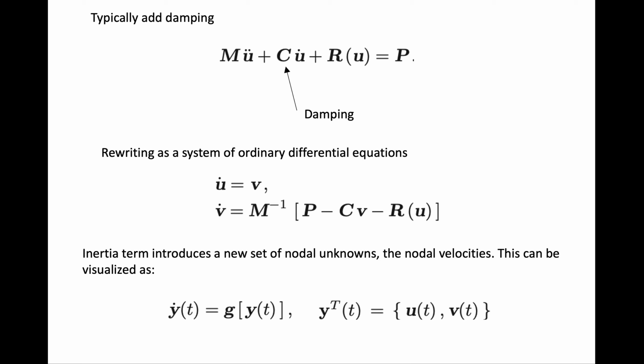And the u double dot here is a vector of all the nodal accelerations. And this damping usually is either proportional to the mass or sometimes proportional to the mass and the stiffness. Typically it's added and it's relatively small, and it's just used for damping down oscillations, so you don't have oscillations that go on forever.